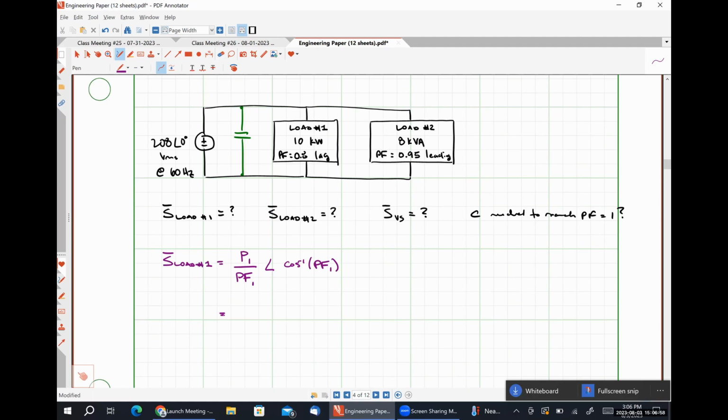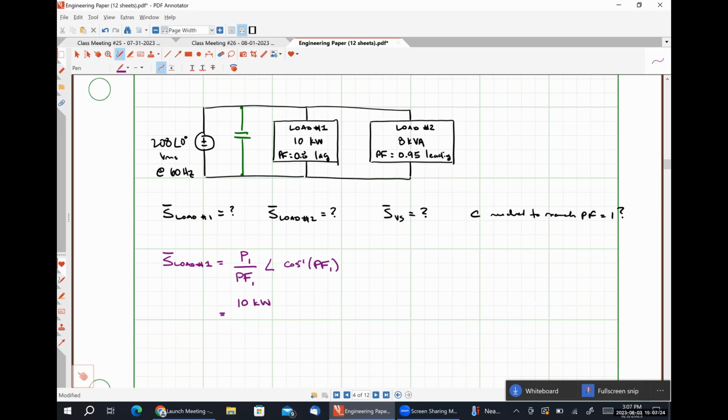So if I put this in my calculator, I'm going to have 10,000 divided by 0.8, angle inverse cosine of 0.8. And this gives me, let me write this down.